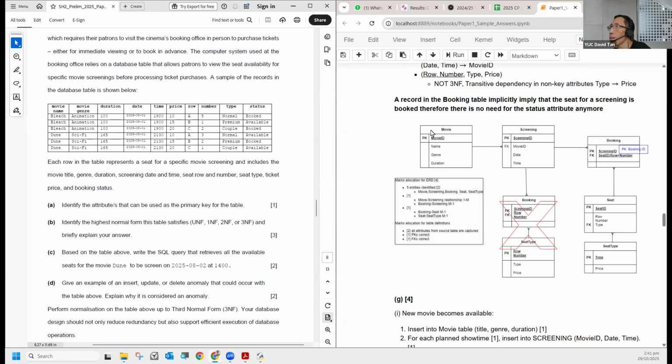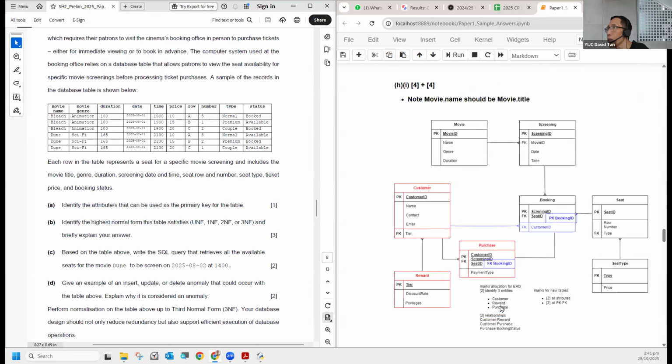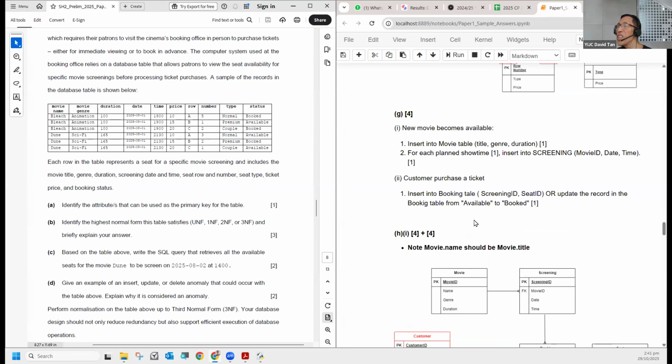But this diagram shows the relationship between the tables. The X down here suggests the modification part: remove this particular table, and then modify it this way. So there is a redesigning of the database itself.